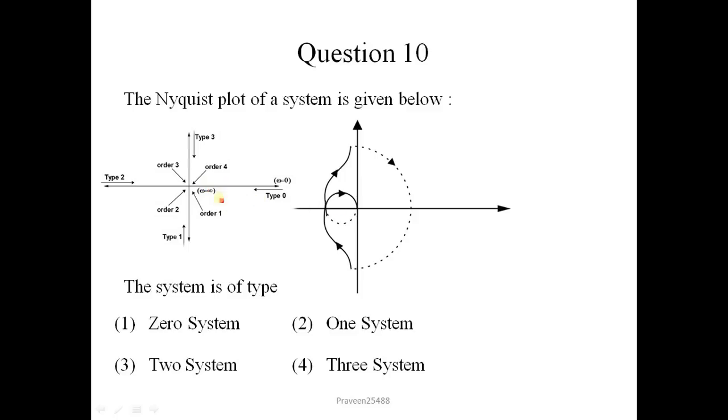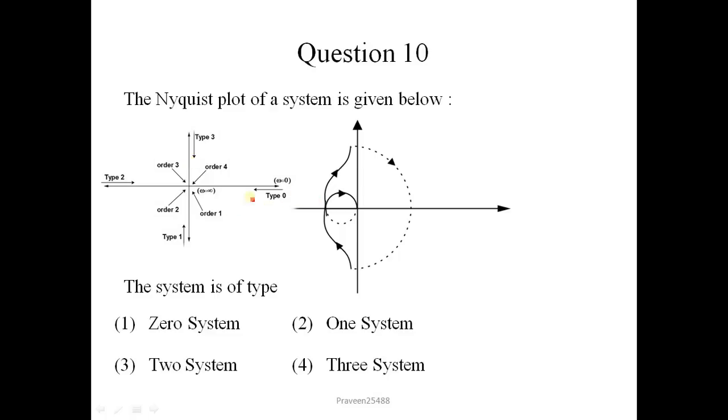Okay. So at omega equal to 0, it starts from infinity. At omega equal to 0, any plot starts from this direction, it would be always type 0. If it starts from this, it would be type 1. It starts from this, it would be type 2. It starts from this angle, it would be type 3.